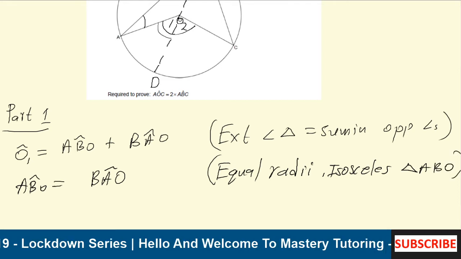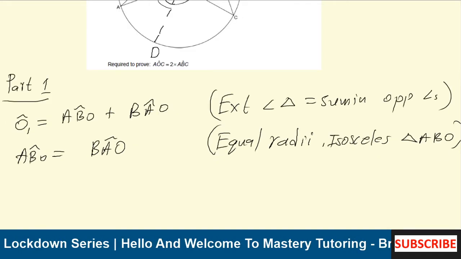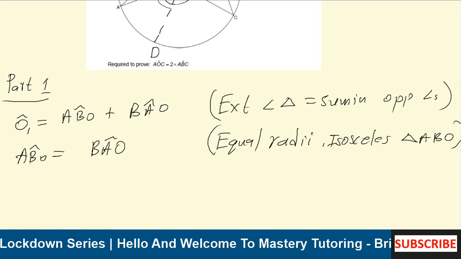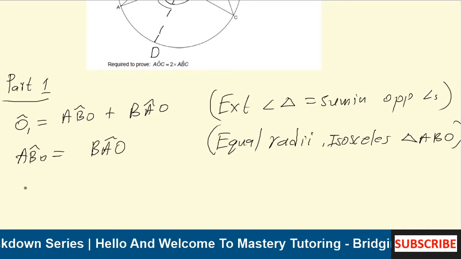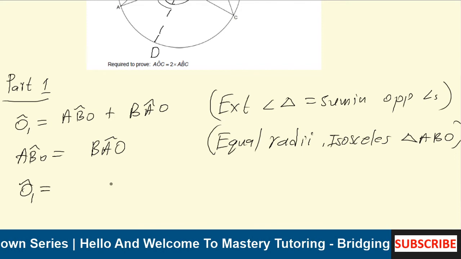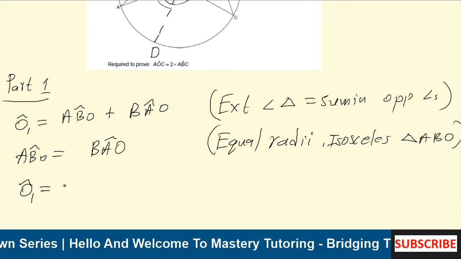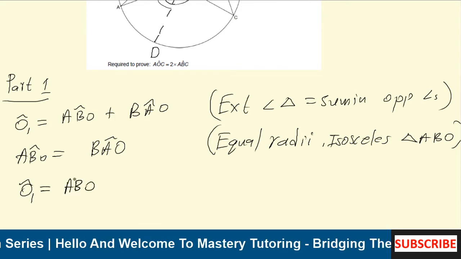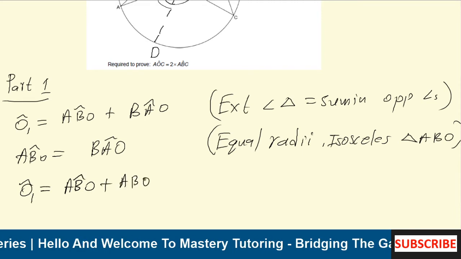Now that we're saying that angle ABO is equal to angle BAO, we can simply say that O1 is equal to ABO plus ABO.